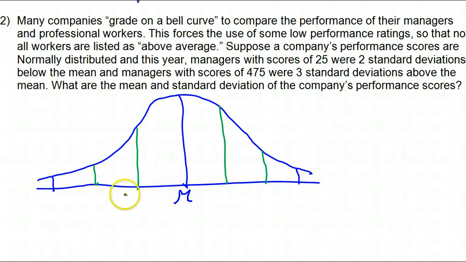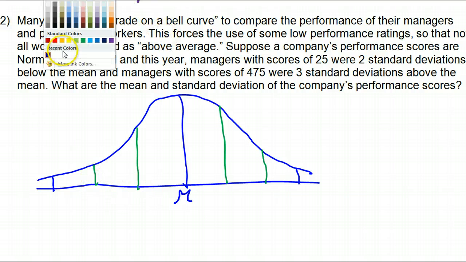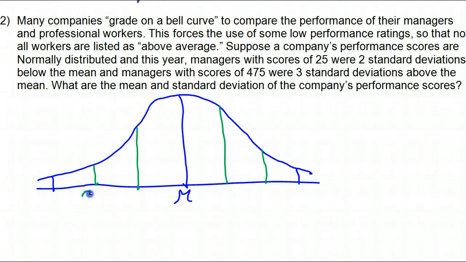Okay, managers with scores of 25 were 2 standard deviations below the mean. So if I go 2 standard deviations below the mean, 1, 2, that should be 25. So there's my score of 25.